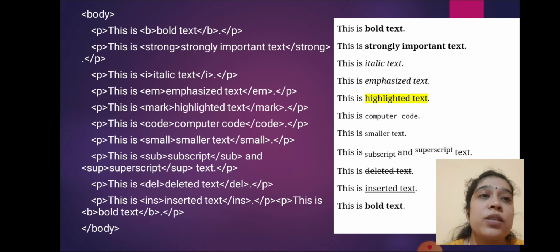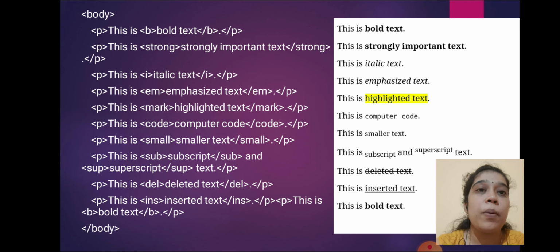Small means the font size of the text is smaller as compared to the other text. That's why this is smaller text, and it will display in the smaller font.